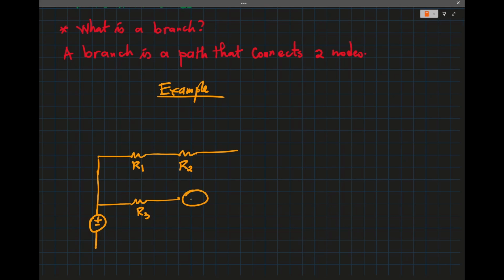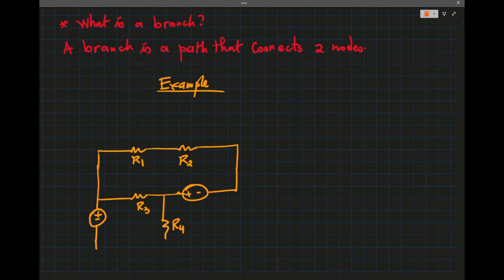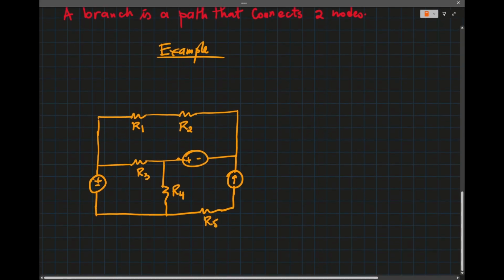Keep it simple. Then we have a resistor, R4, and I connect to the side of the power supply, and we have a current source, and let's say we have R5.